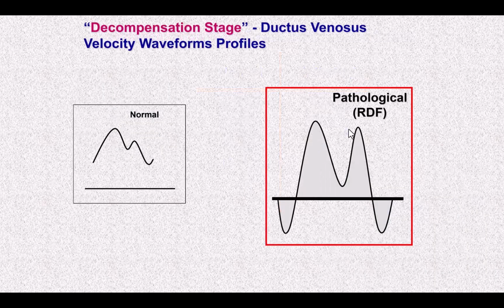And now let's move to the venous district of the fetus, starting from the ductus venosus. You can see here, in normal healthy fetuses, the waveform profile in this vessel, and you can see what happens in this condition of the decompensating phase. You can see a reduction in the forward flow and an appearance of reverse flow during the atrial contraction.